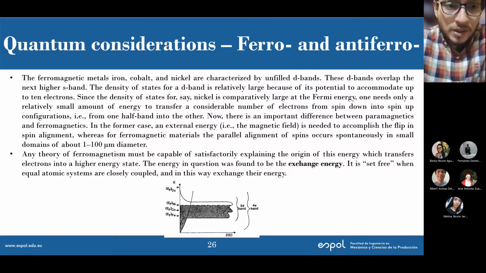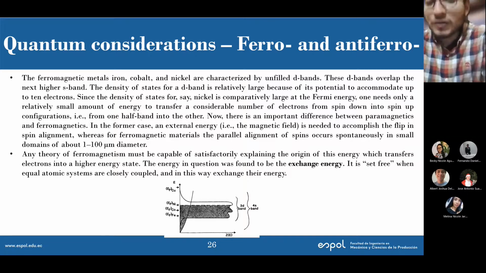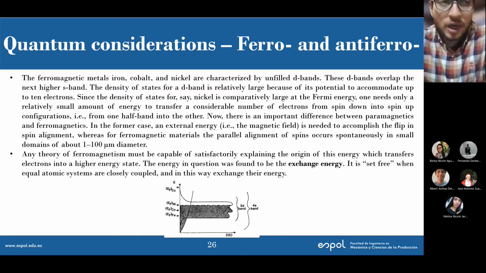In these materials, and you might remember this, you have a density of states that is relatively large. And that is because that D band can obviously accommodate up to 10 electrons and it's unfilled. Therefore, you have a large density of states.